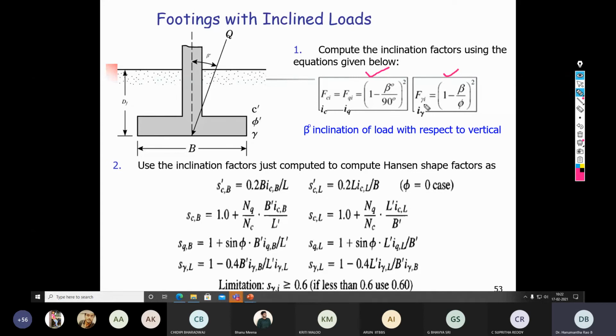Anyhow, you will get F gamma as 0. F gamma is 0 because beta is 30 in our case and phi is also given as 30. So 30 by 30, 1 minus 1, it is 0. F gamma is 0.